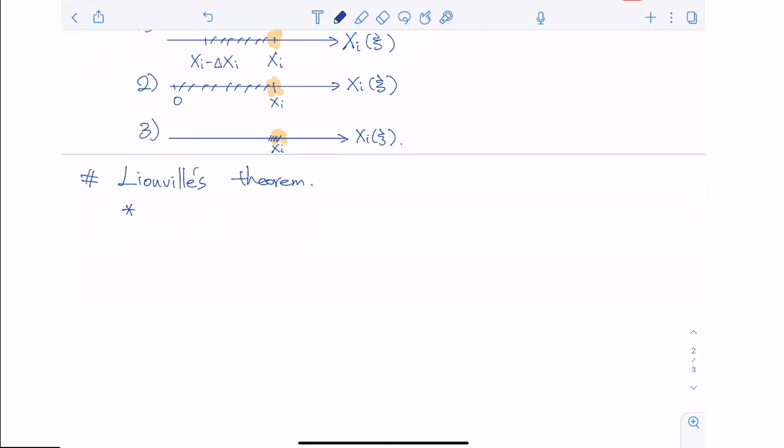Basically, it is discussing the behavior of a mechanical system under the canonical evolution, which is just described by this set of equations of motion.